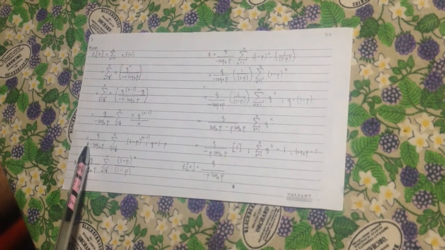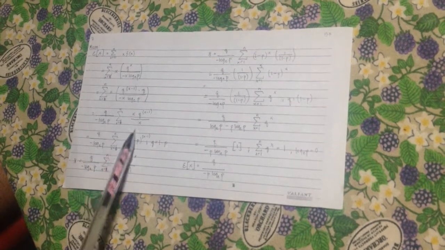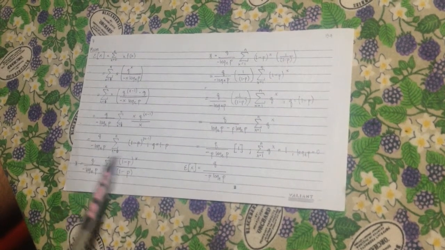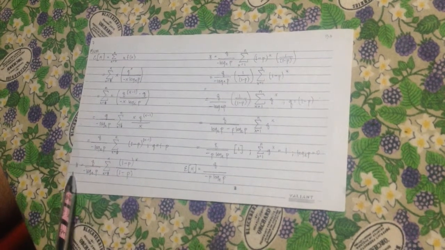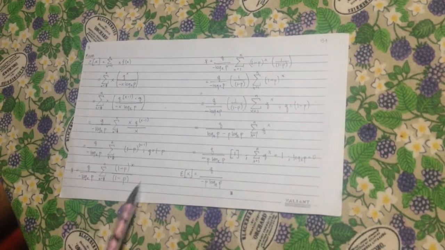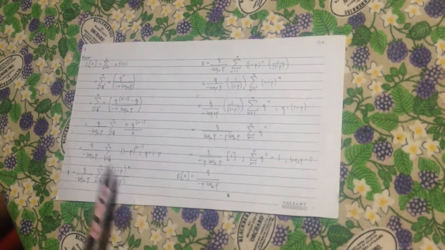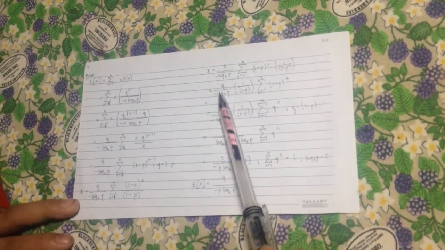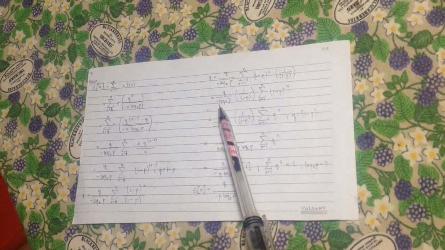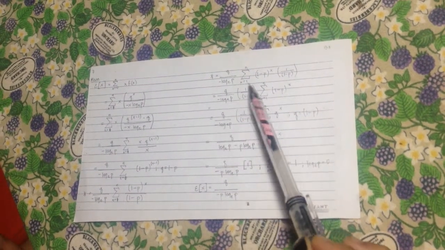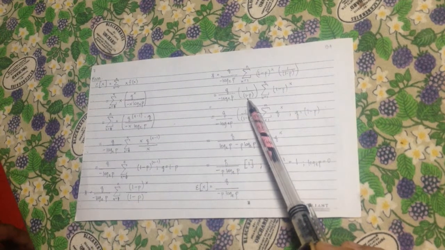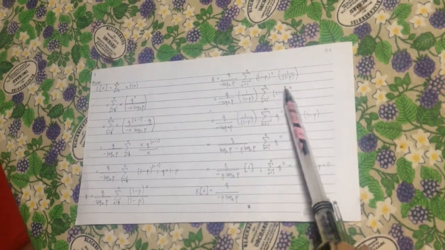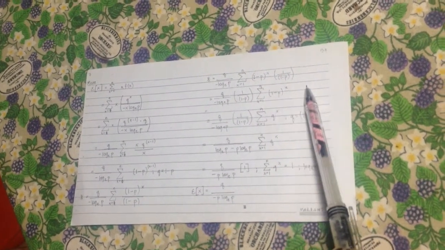And since x can be cancelled, it remains. Then this one, so up here, it will equal q over negative log of p sub e times 1 over 1 minus p times the summation of 1 minus p raised to x.